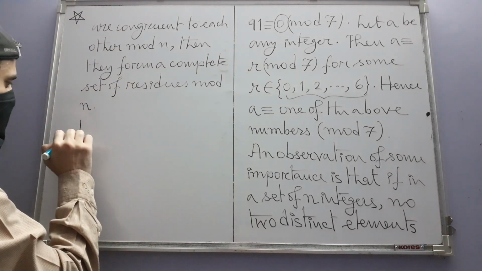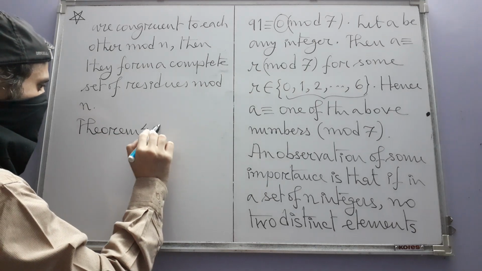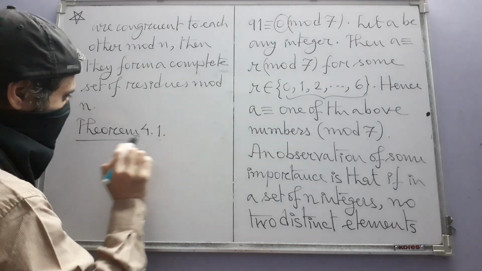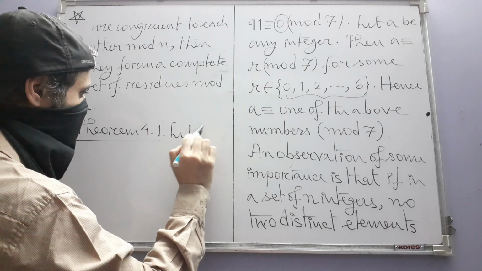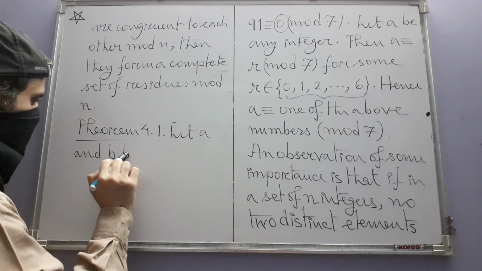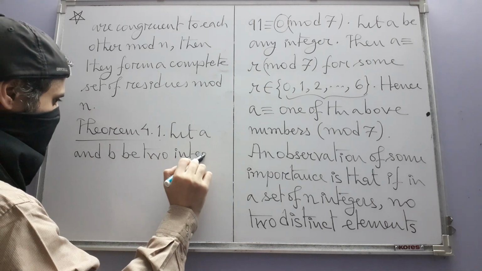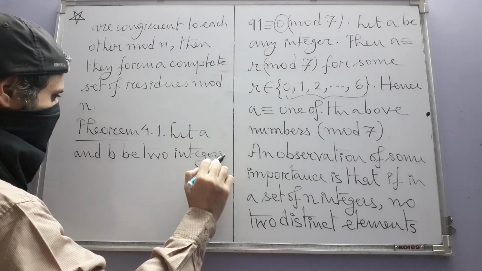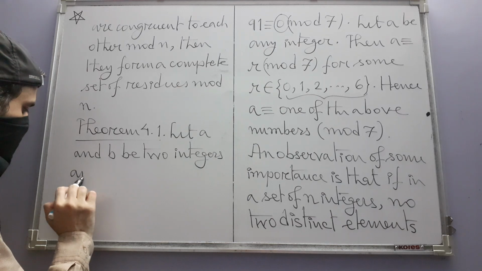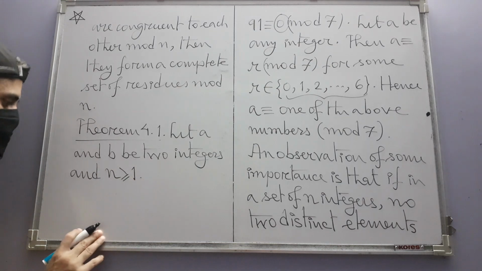And this is Theorem 4.1. Let a and b be two integers and n be a positive integer.